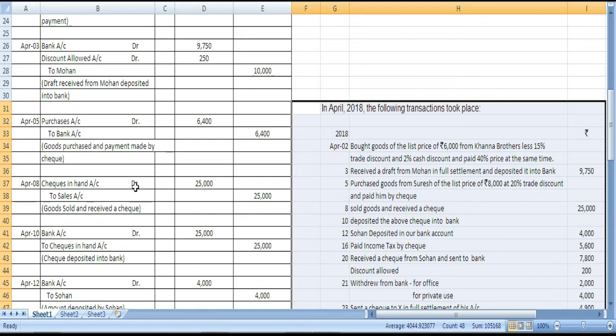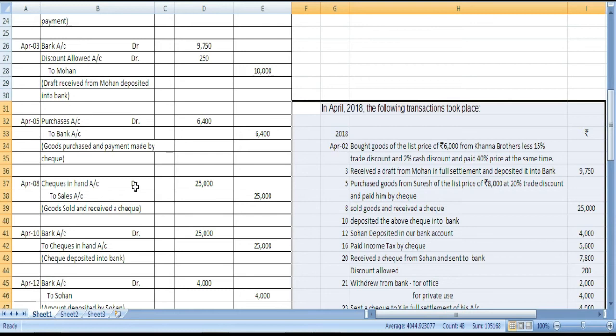I will be sending you the transactions, the examples, and from there you can see and learn and refer to the different transactions and how the journal entries will be done whenever a check is received, or a check is deposited into the bank, or a draft or payment is made by check.